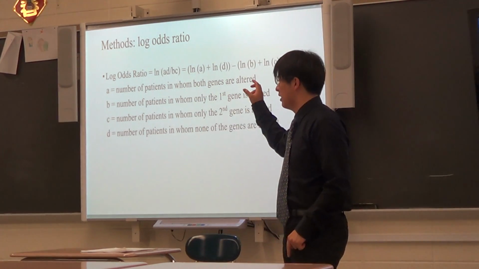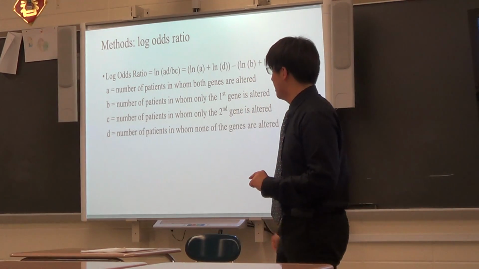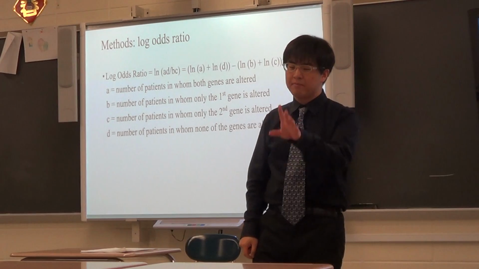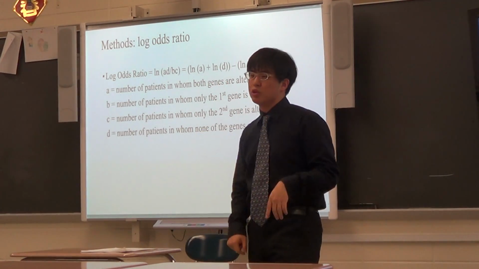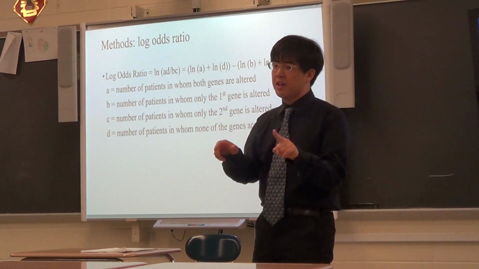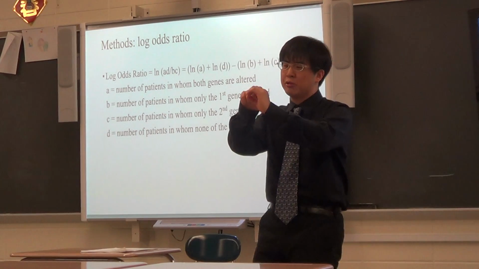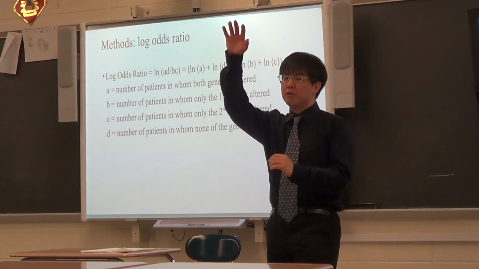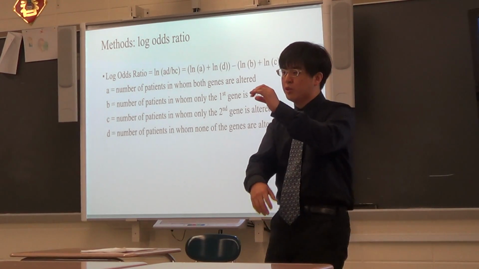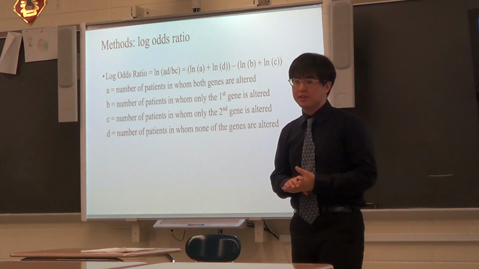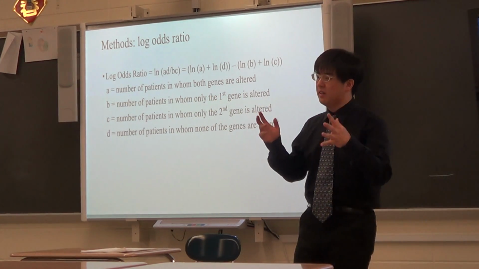But if I take the ln, then I can make, when AD divided by BC equals 1, it means that there's no relationship at all, and I can make that my frame of reference as 0. Then any positive value would tend towards co-occurrence, and any negative value would tend towards mutually exclusive relationships. So that's why I decided to use the log odds ratio instead of just the odds ratio.